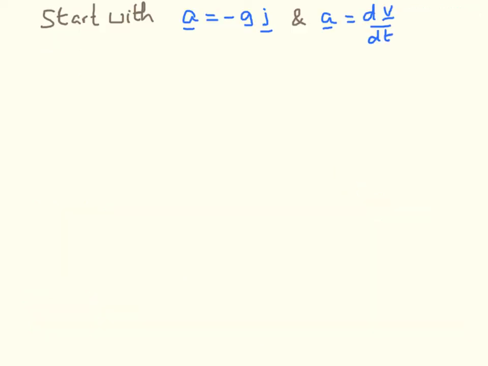To solve the problem, we're going to start off by recognizing that the acceleration on Earth for a projectile is constant. It is vertical and downwards, and its magnitude is little g, which is the acceleration due to gravity. We also recognize that acceleration is the rate of change of velocity, the velocity vector here, with respect to time.